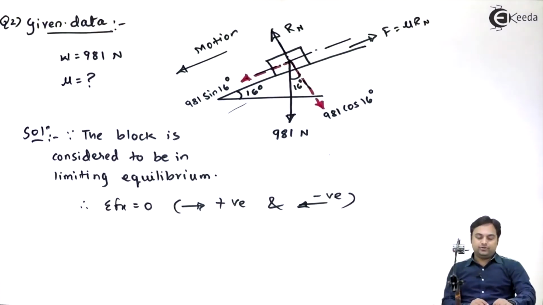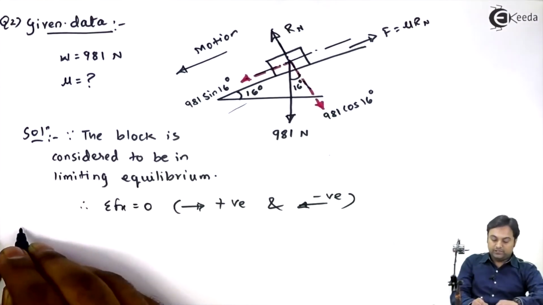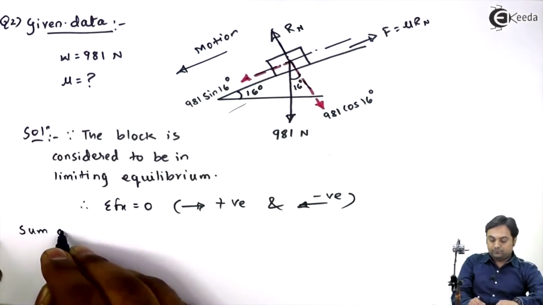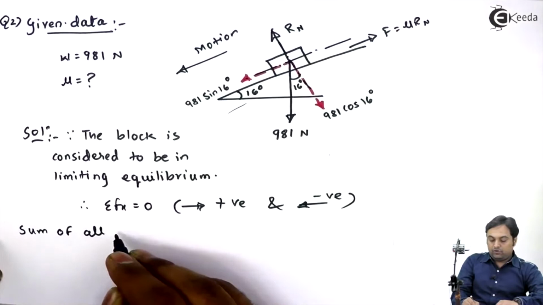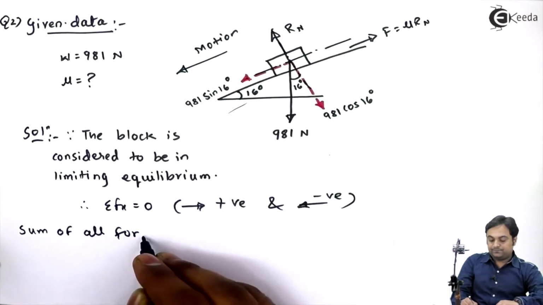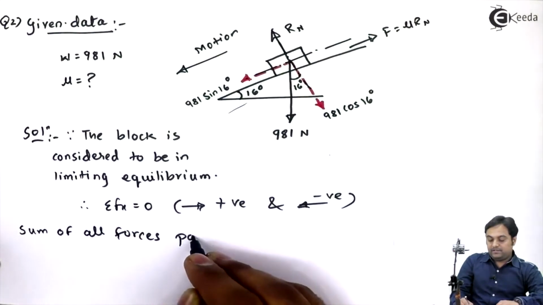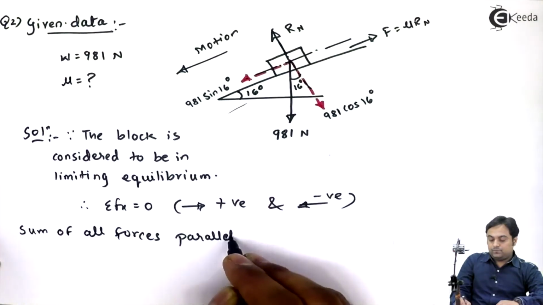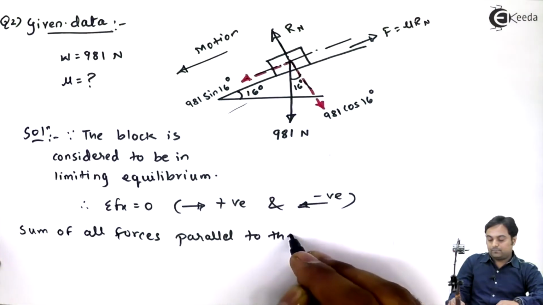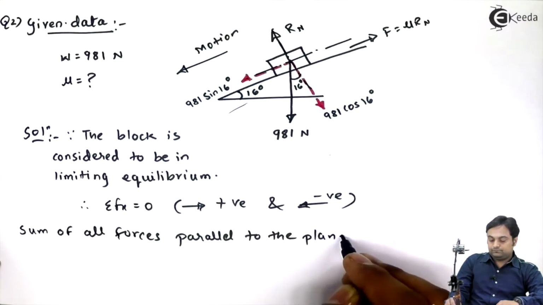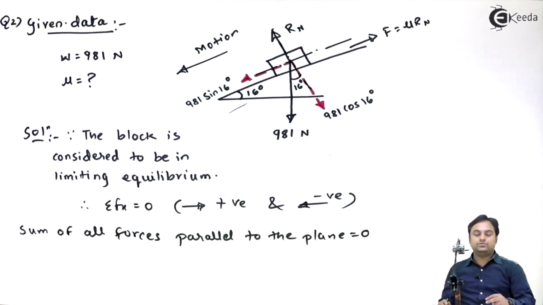Now what is the summation of Fx? It is also called the sum of all forces parallel to the plane. That should be taken as equal to 0.